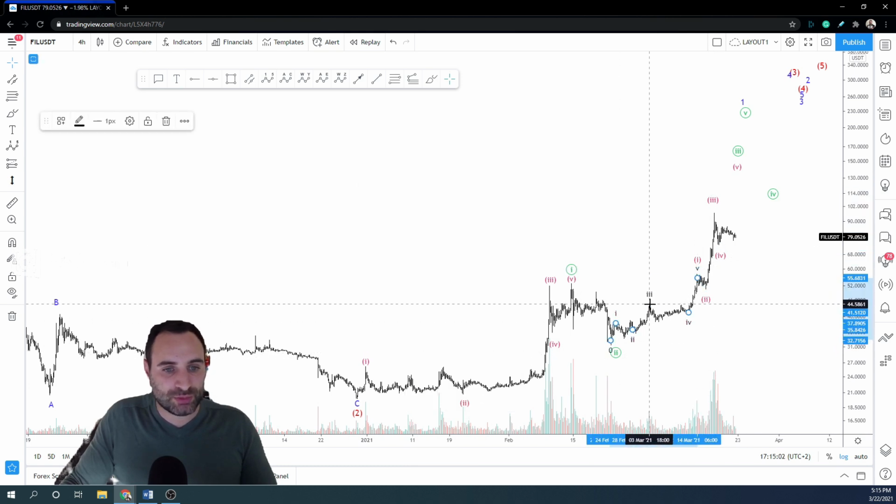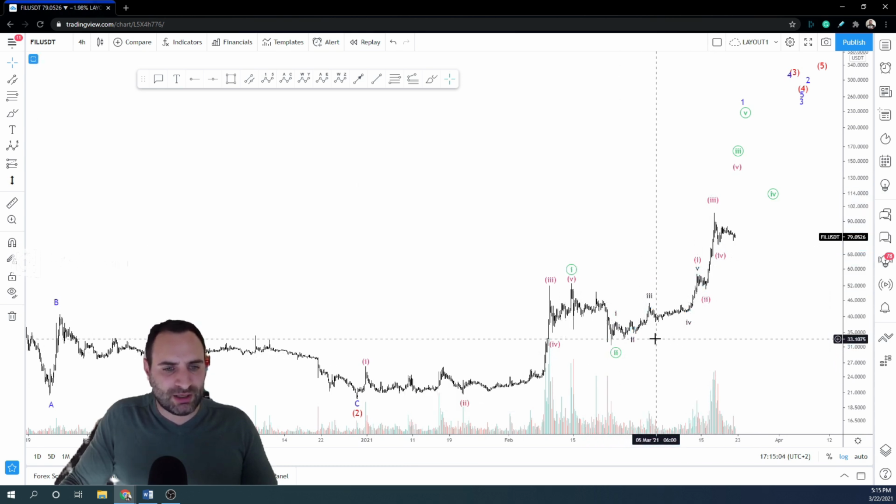Now, you may come and say, well, prices are really coming over here and rejecting the impulse move of wave one. However, this to me looks like a triangle, okay, guys?